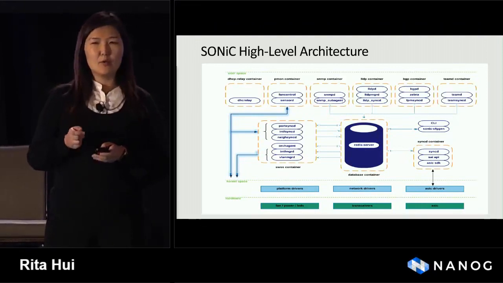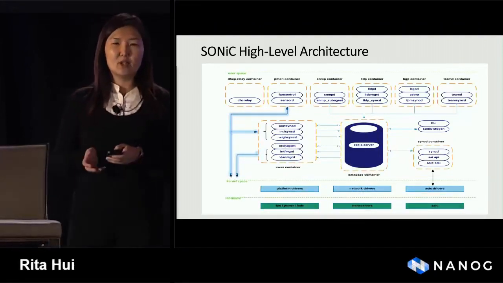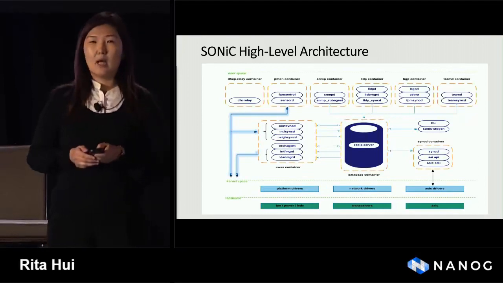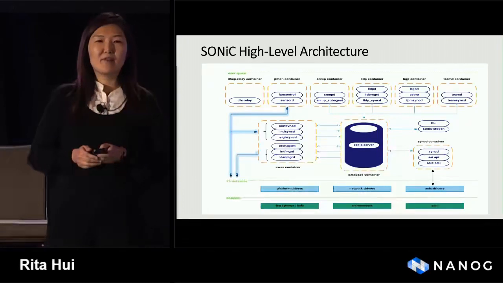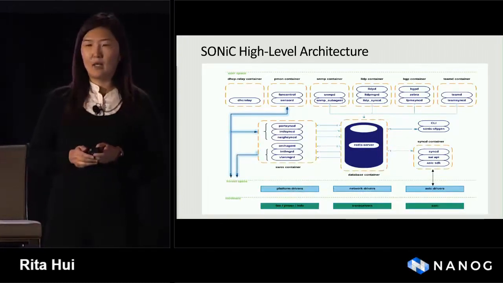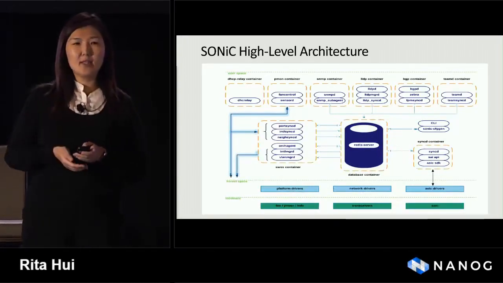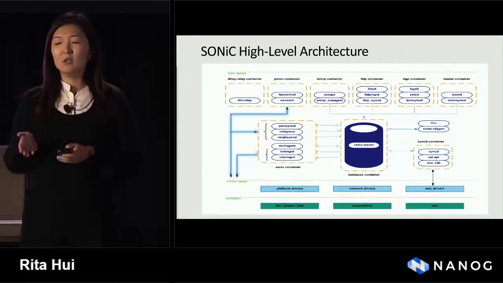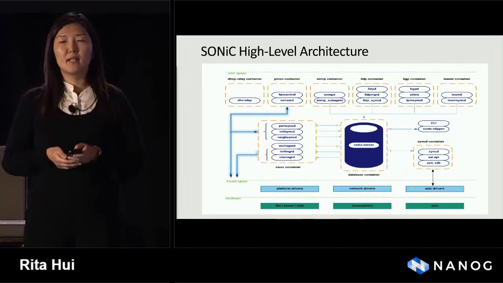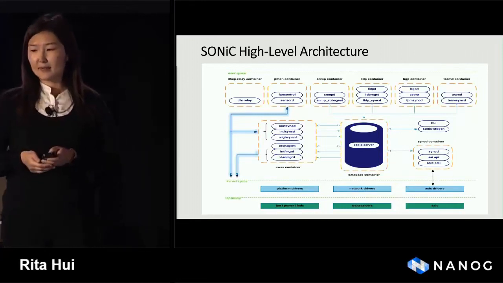We leverage Linux to manage the platform components. We work with the platform partners to integrate the platform drivers with SONiC. SAI APIs are supported by ASIC vendors. The SAI API internally uses the ASIC SDK to program the ASIC.